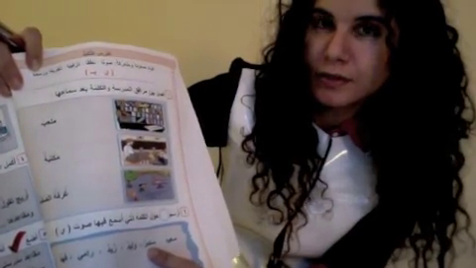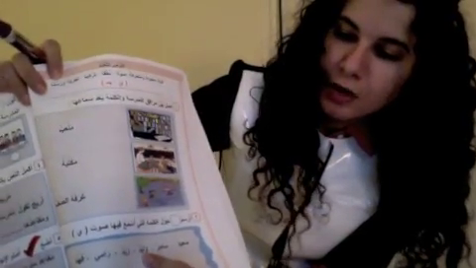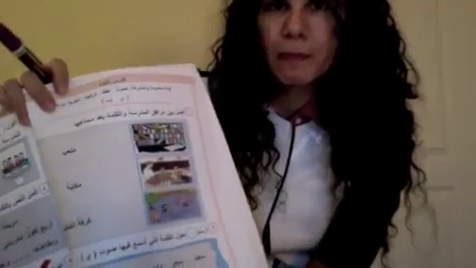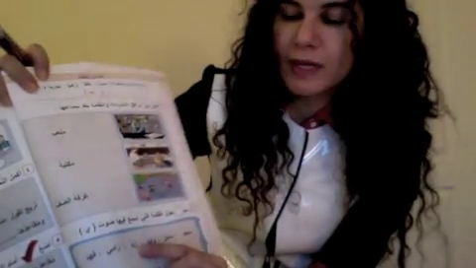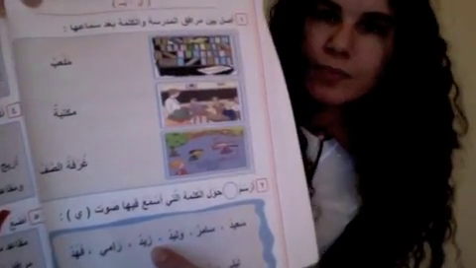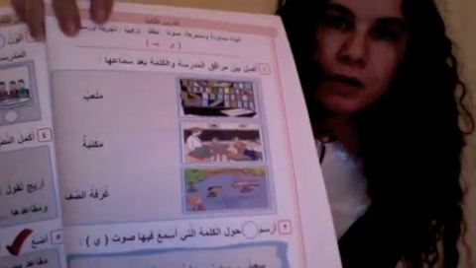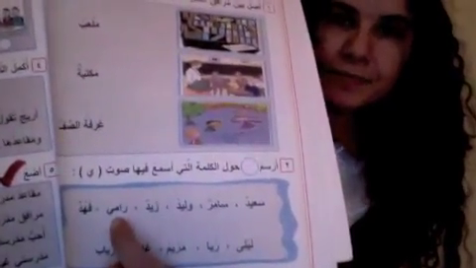Next, Walidun. And then Zaydun. Rami. And Fahdun.